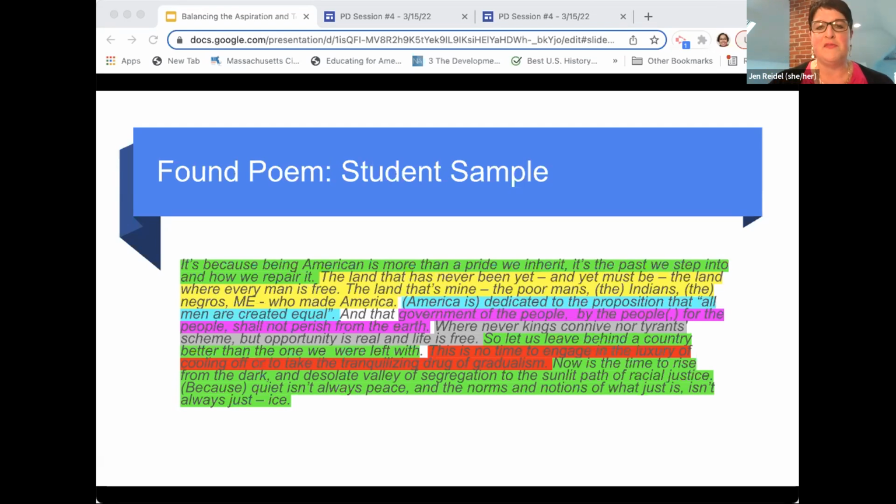This student really focused on this idea of what we are about, and it's that sense of evolution as a nation and the ability to still move forward, even when we fall short, and we mightily fall short, in equality and justice for all of our people.